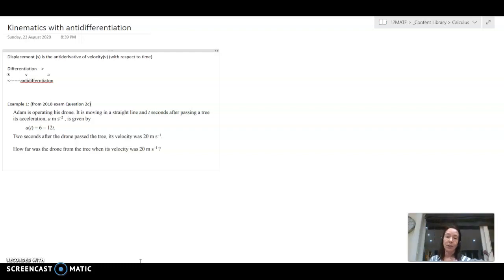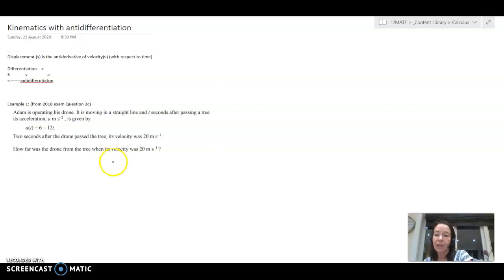So hopefully you look at that, you go, oh, that's a straight line, got that. 2 seconds after the drone passed the tree, its velocity is 20 meters per second. How far was the drone from the tree when its velocity was 20 meters per second?